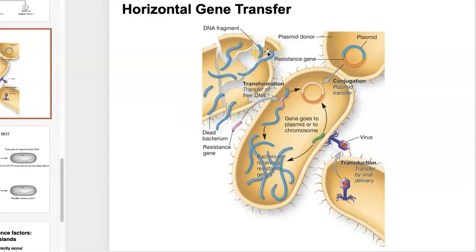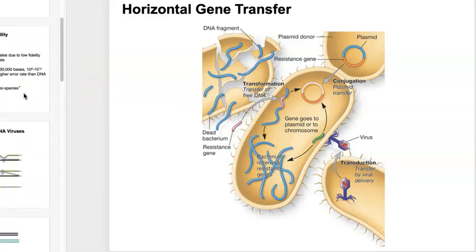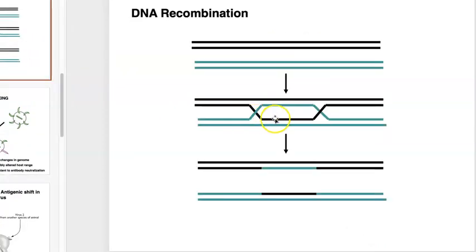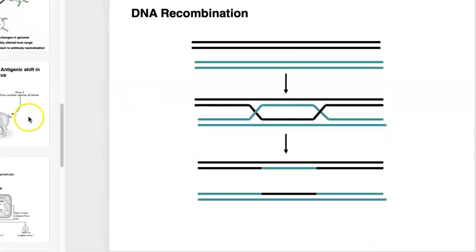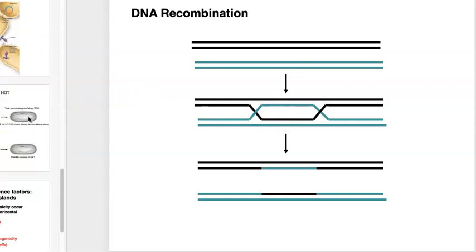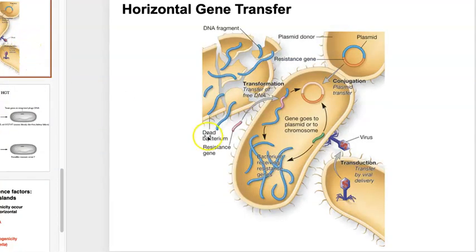It could be chemicals or osmotic stress, and bits of its genome have broken up and gone into the environment. And then some of these pieces enter the cell and then can homologously recombine into the genome. And again, you can imagine it looking something like this at that interface between the incoming DNA and the genome. Another example is transduction, in which genes are passed through viruses.